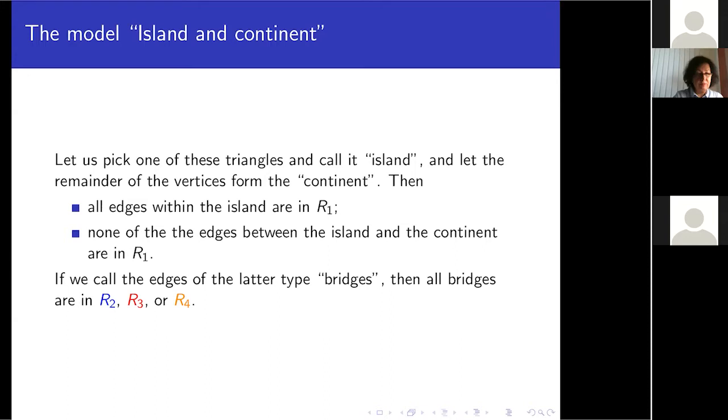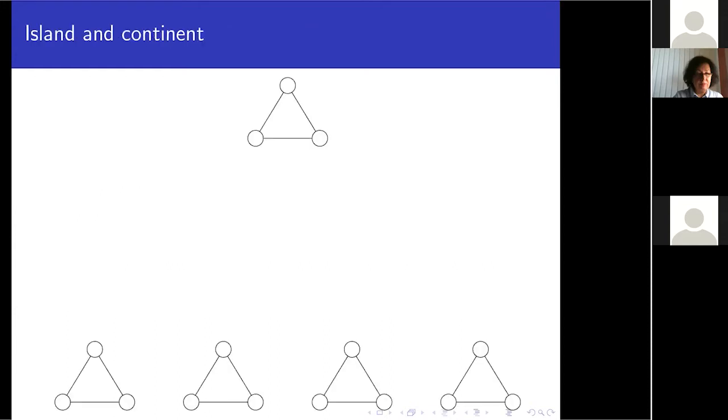Within this island, all edges are in relation R1. Between the island and the continent, there are no edges in relation R1. We call the edges from the island to the continent bridges, and these are all in the relations R2, R3, or R4. So we have this picture: 5 triangles, one of them selected arbitrarily.